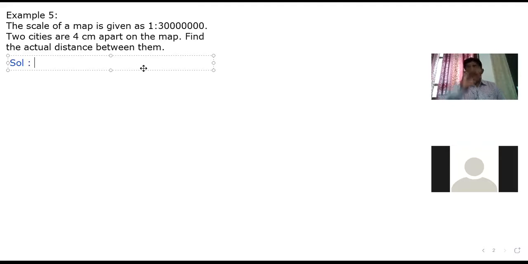We will just bring it down for our own understanding, according to the given condition.